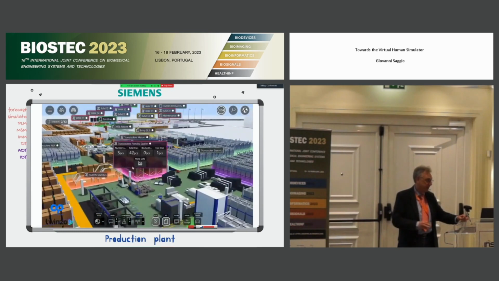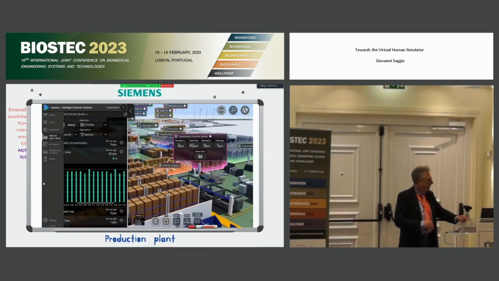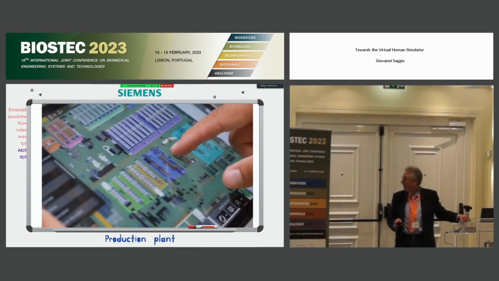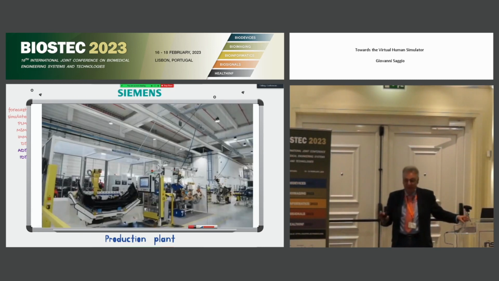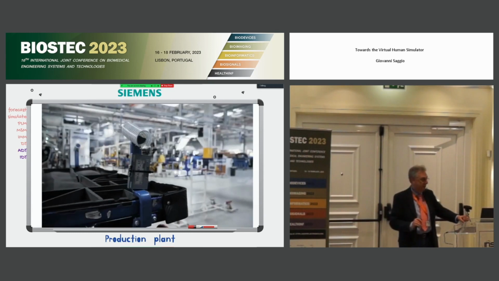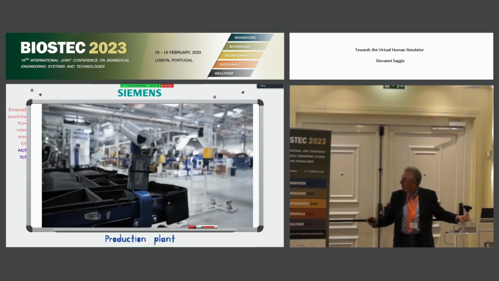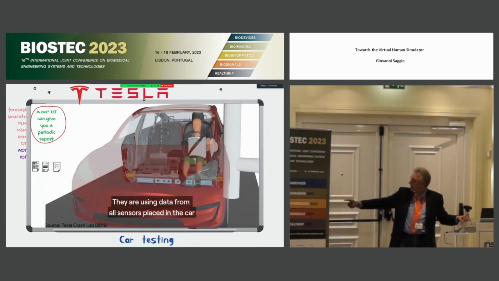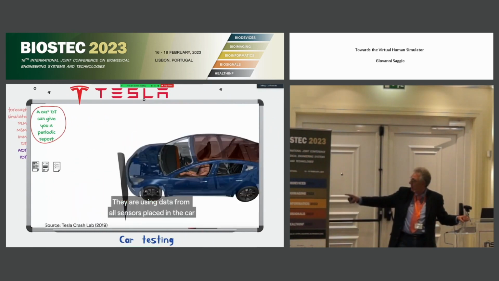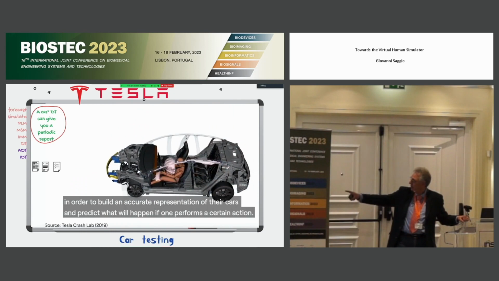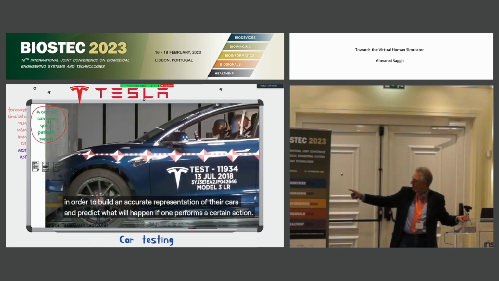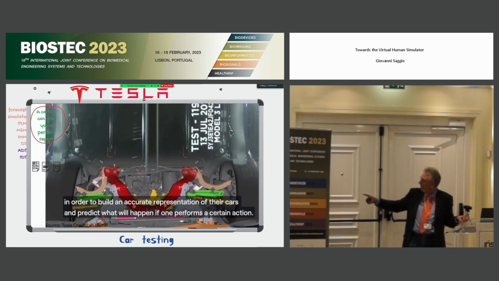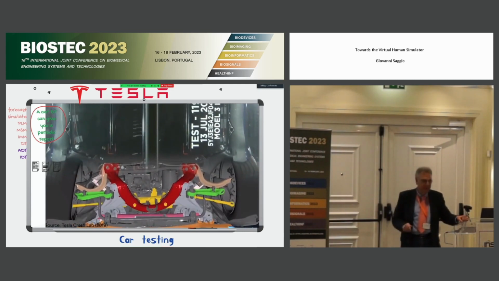Siemens is not exactly the smallest company in the world. So Siemens invested a lot of money in this matter. But not only Siemens, also Tesla. They are using data from all sensors placed in the car in order to build an accurate representation of their cars and predict what will happen if one performs a certain action.